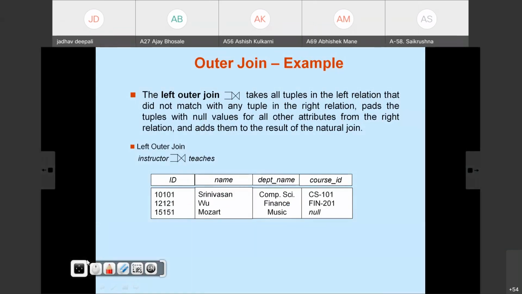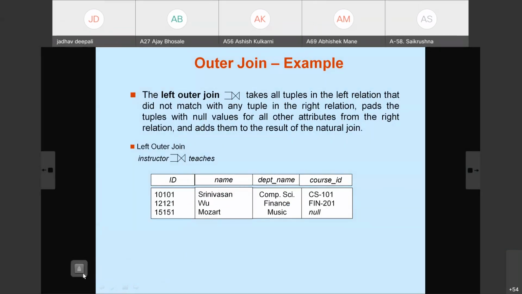It takes all the tuples from the left relation that did not match with any tuple in the right relation. Pad this tuple with the null values for all other attributes from the right relation and add them to the result of natural join. See, what is the meaning of this?